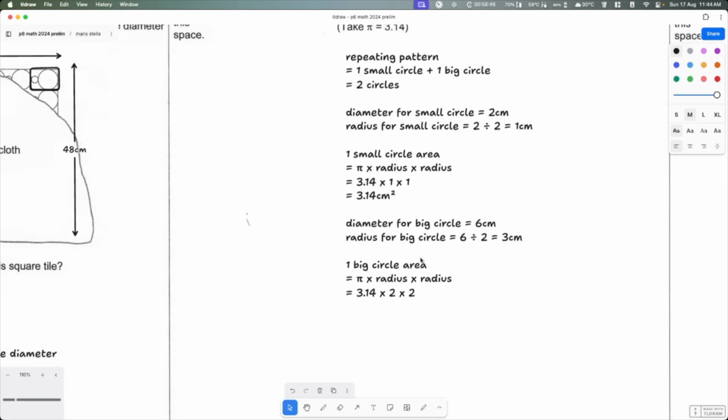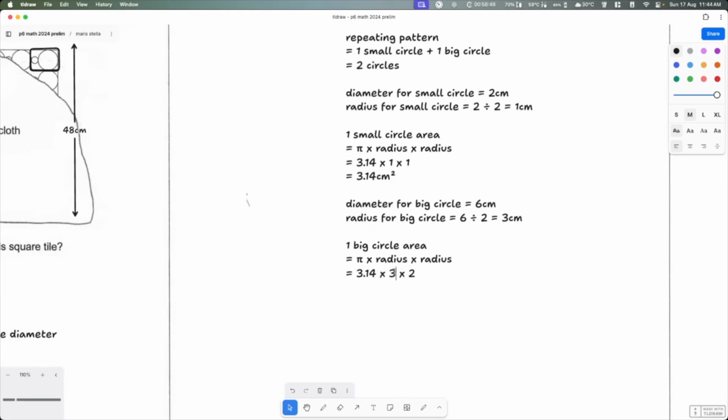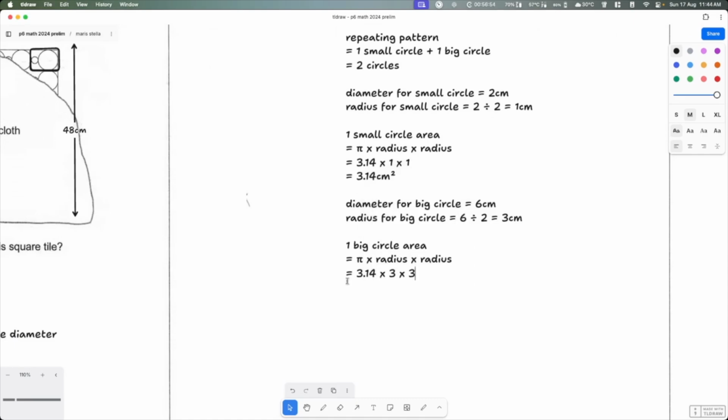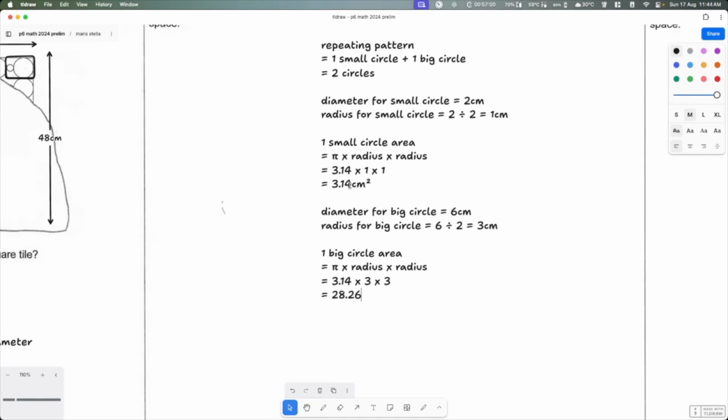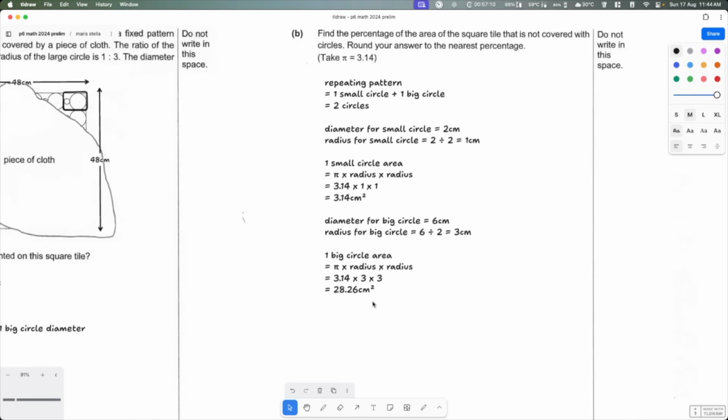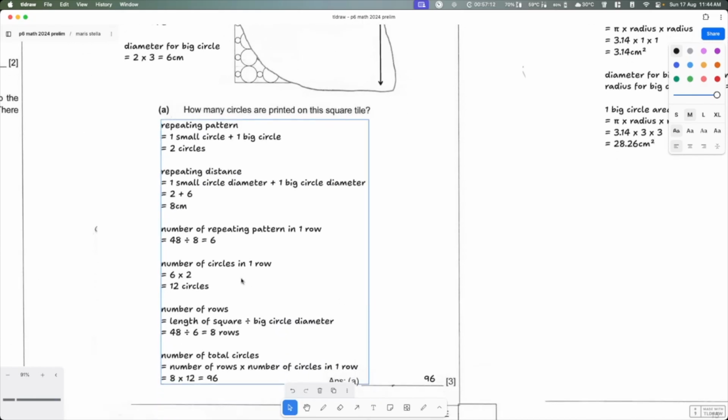Now with this we can calculate properly. So 3.14 times 9 is 28.26 centimeters squared.